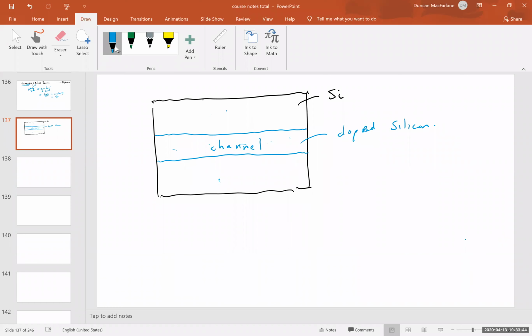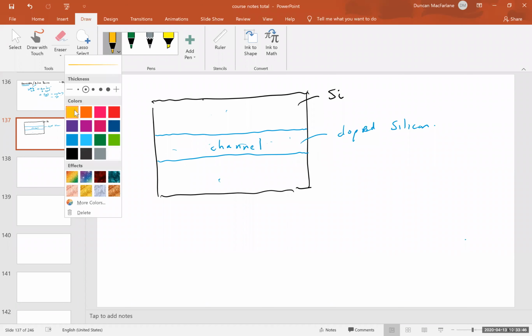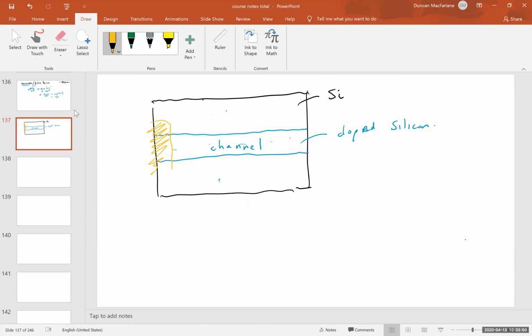Then what I'm going to do is put some metal here, and some metal here. And then I'm also going to put some metal here and here.